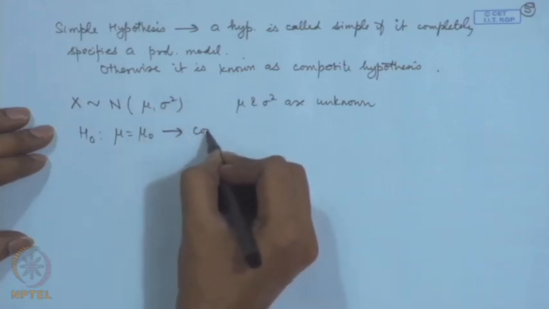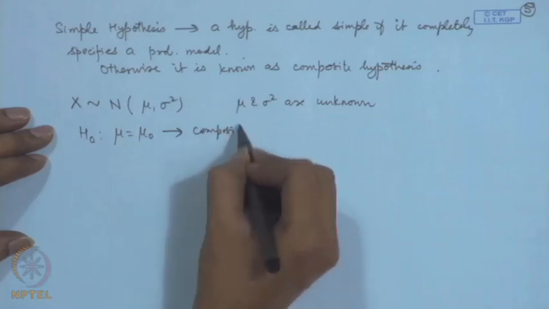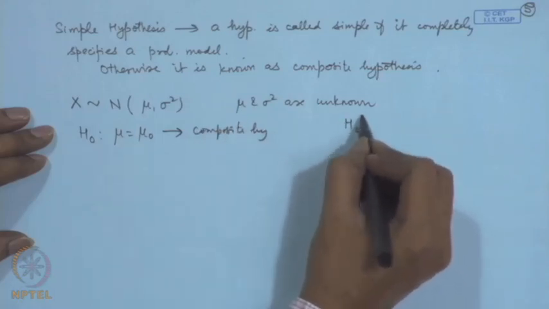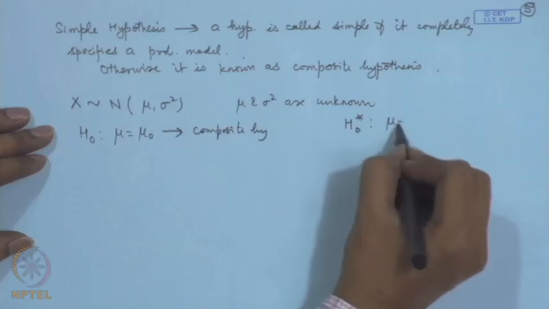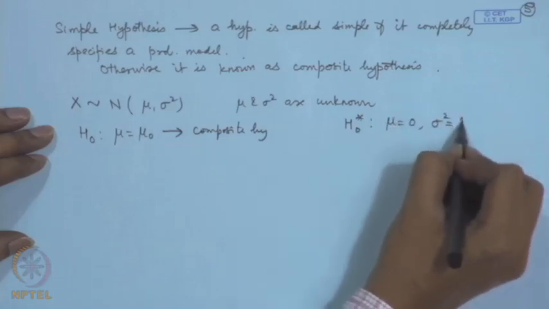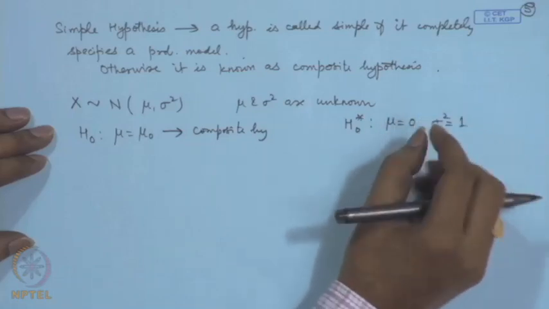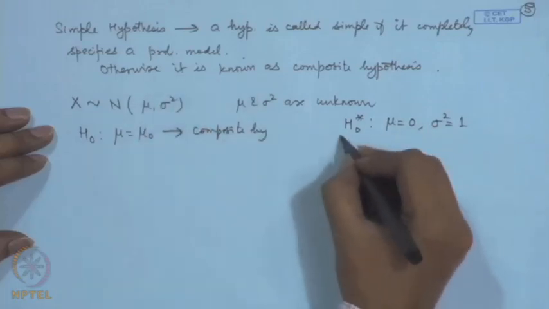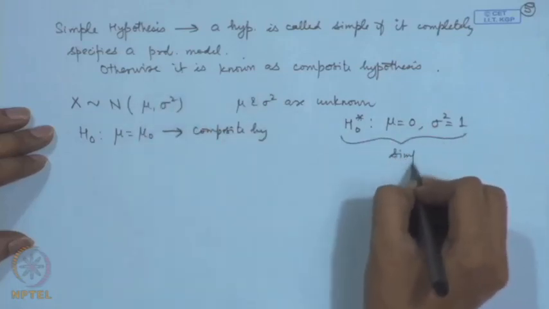Therefore, this is a composite hypothesis. Suppose I give the hypothesis mu is equal to 0, sigma square is equal to 1. Then it specifies completely the distribution here. So, this is a simple hypothesis.